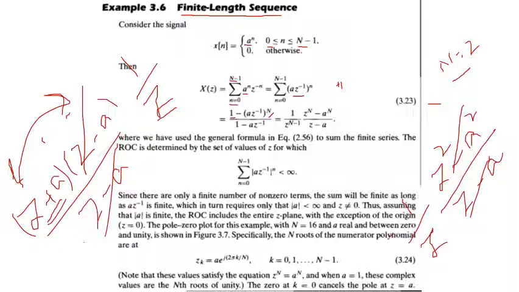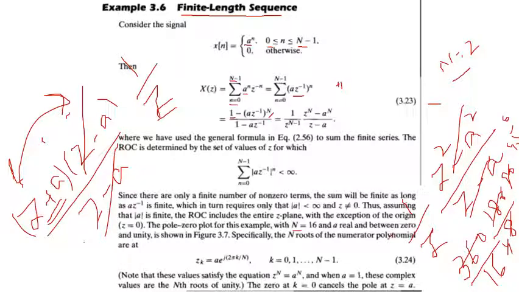If n is 16, let's say, we can determine the zeros with the help of a e raised to the power j 2 pi k divided by n. It means that the 360 degree circle is divided into 16 portions. So it means 180 divided by 8, and then 90 divided by 4, so 45 degrees. Each zero appears after 45 degrees, or you can use this formula.